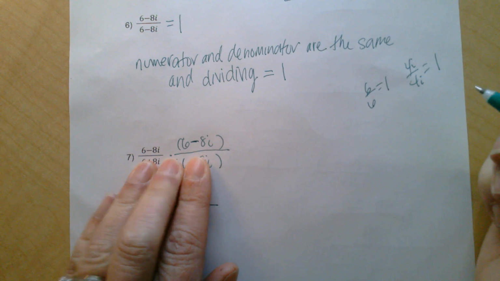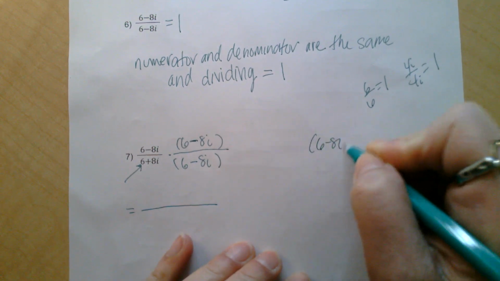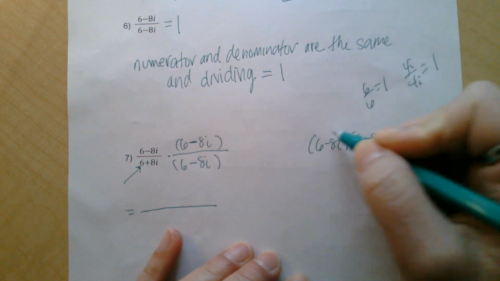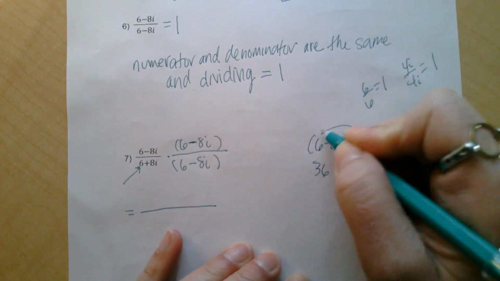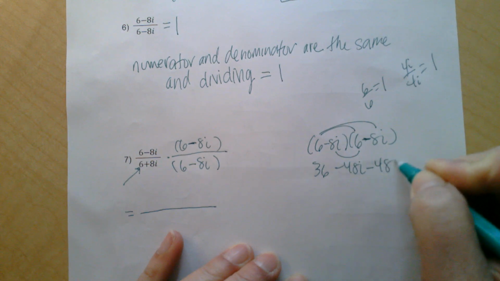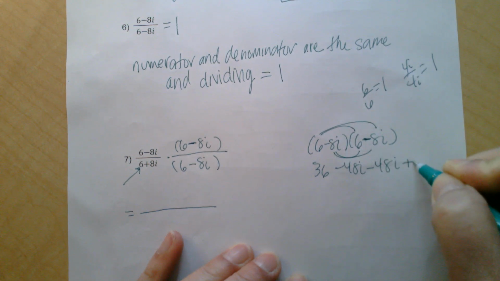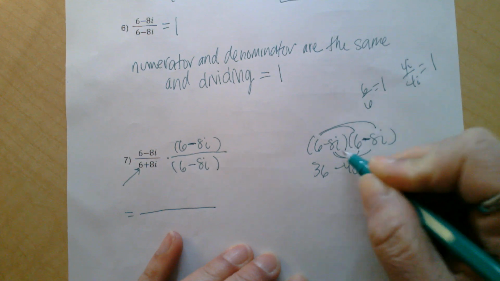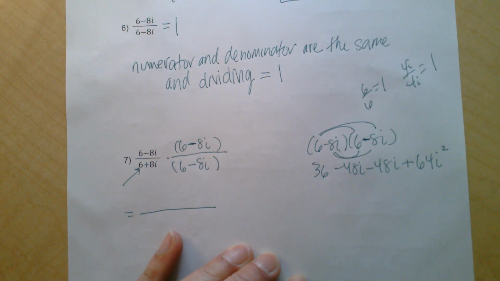First, let's just take care of that numerator. So 6 minus 8i times 6 minus 8i. And so 6 times 6 is 36 minus 48i minus 48i plus negative 8 times negative 8 plus 64i times i is i squared.